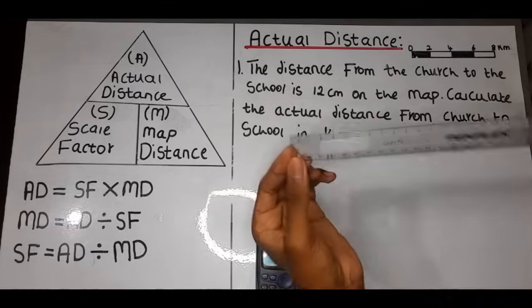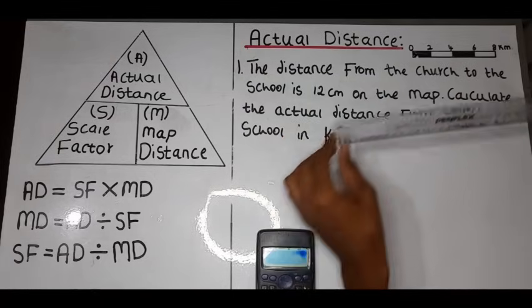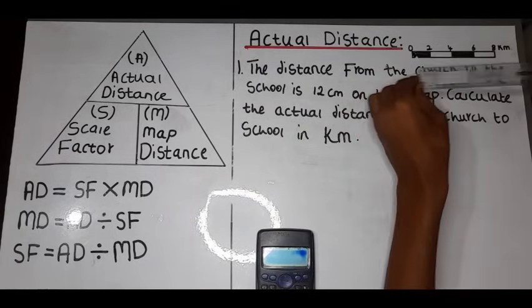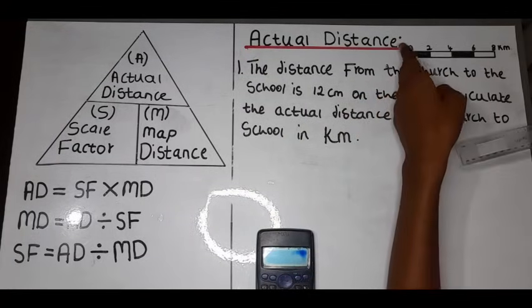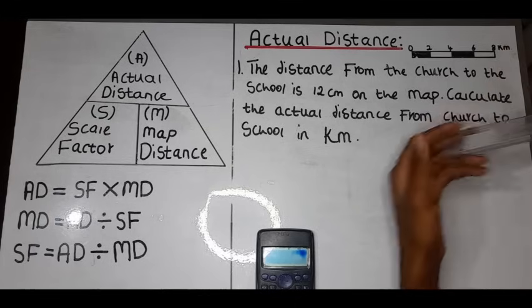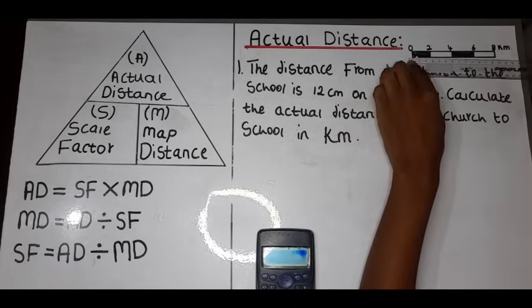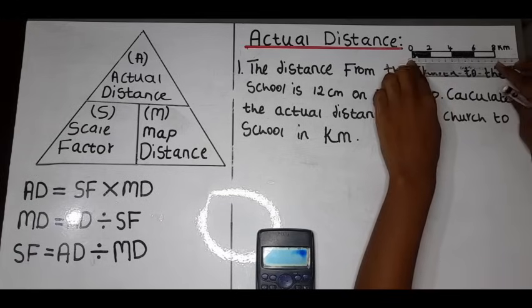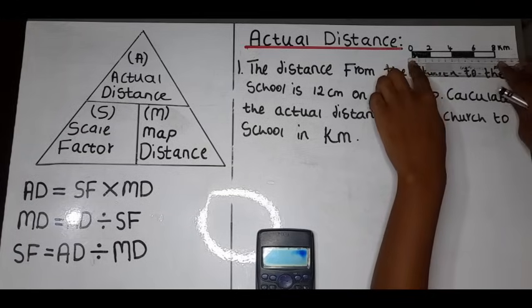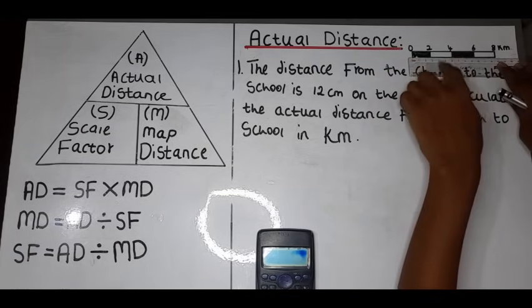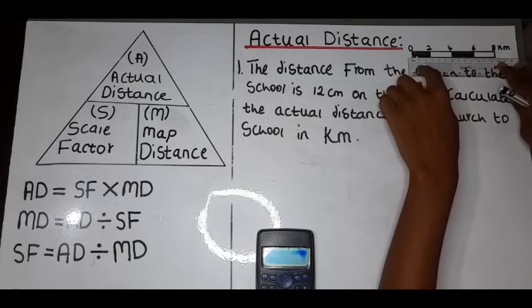You take a ruler and you put it on your bar scale. You measure the distance from the beginning to the ending of your segment. So let's say that the distance from 0 to 8 kilometers on my ruler or on your ruler equals 4.2 centimeters.